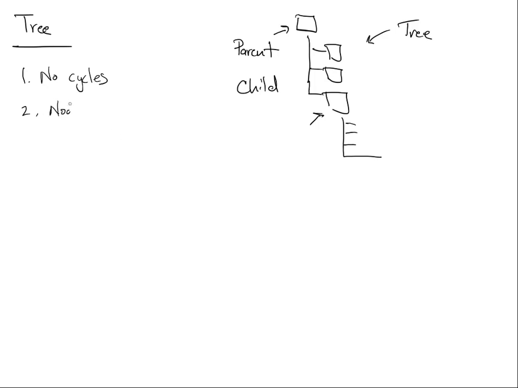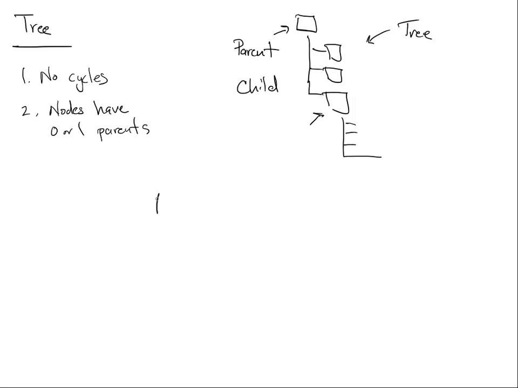So nodes have 0 or 1 parents. It can have no parent, like in this case, this is the top level node, and there's actually no parent here. But you can't have an item that is parented to multiple places and still call that a tree. In that case, you're actually just going to have a graph.